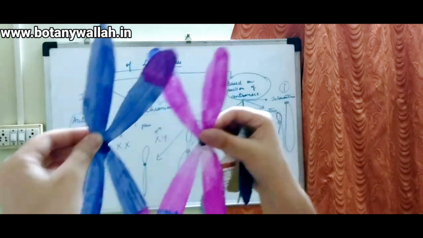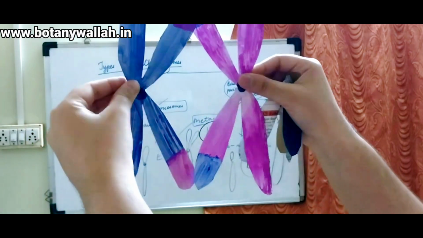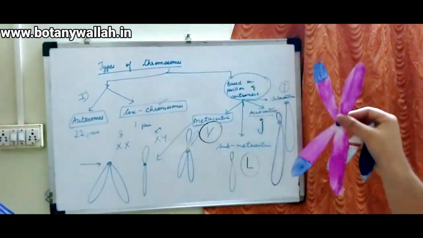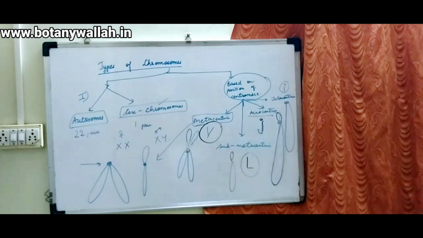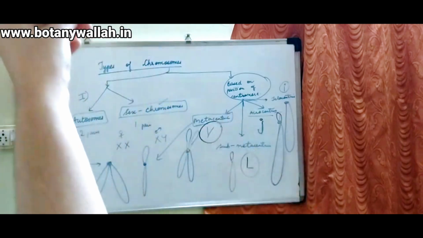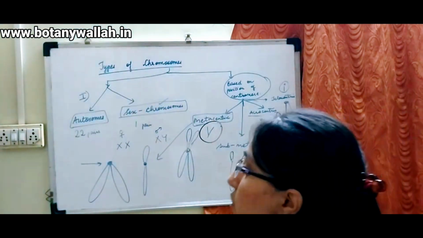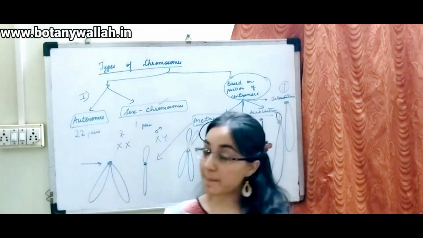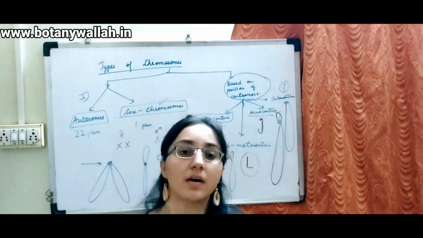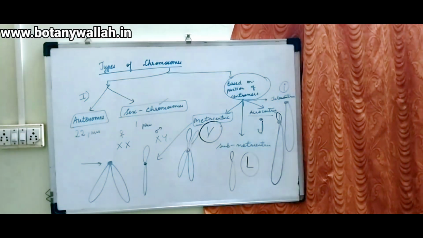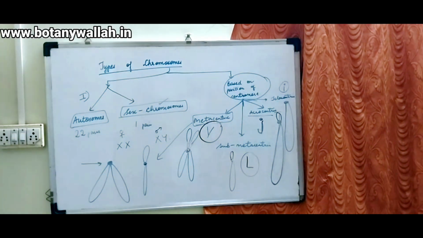So during anaphase 1 of meiosis 1, homologous chromosomes separate, and during anaphase 2 of meiosis 2, the chromatids separate. The paternal chromosome's chromatids will separate and the maternal chromosome's chromatids will separate, and this will be the cell division. So this was about today's concept.